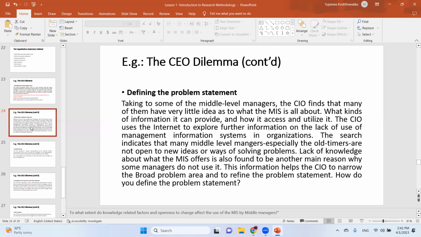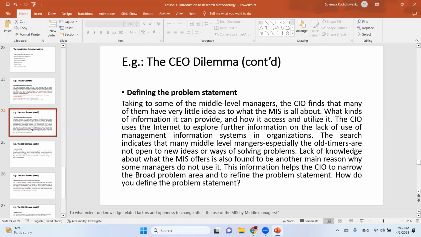the utilization rate is very low. The search indicates that many middle level managers, especially the old timers, are not open to new ideas or ways of solving problems. So basically we know that middle age or old, let's say 50, 55, they don't like to use this new technology. That's what the old timers are, not open to new ideas or ways of solving problems.